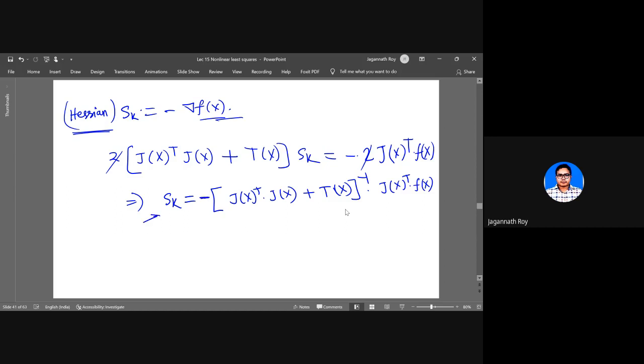Now if you look at the formula that we found earlier for the linear case, it looks actually similar. So x_{k+1} will be x_k plus s_k.